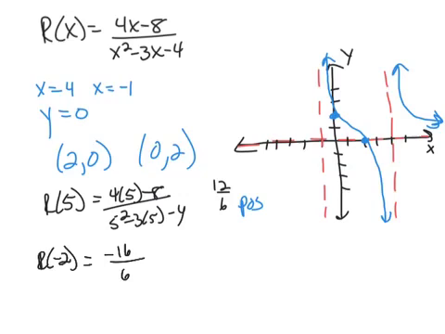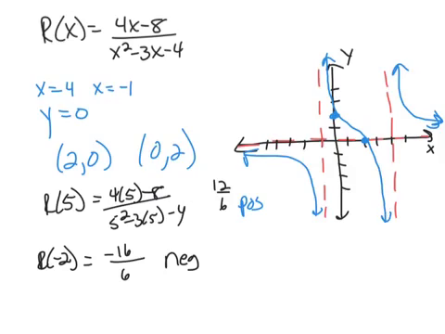So that's going to be overall negative, which means the other part of the graph is going to be down here. And if you aren't quite sure what it's going to look like in the middle, you can use some more test points just to see. If you evaluated r of 3, then you would get 12 minus 8 over 9 minus 10. That would be a negative value, so that would show you that it's going to be pointing down this way.